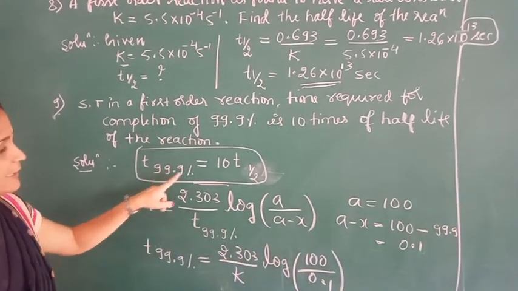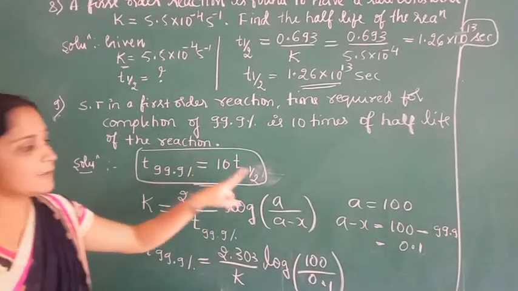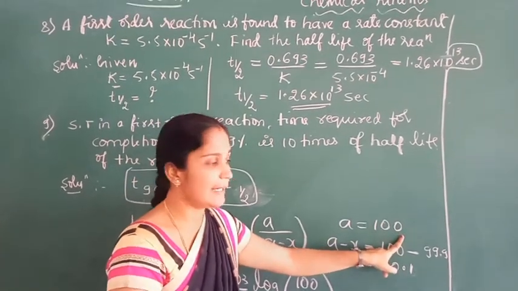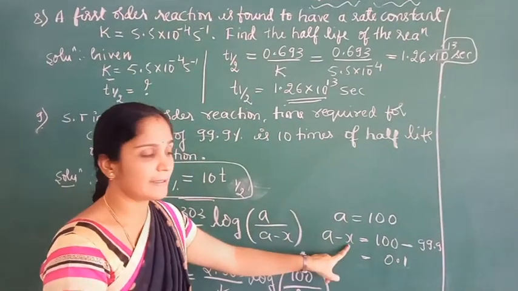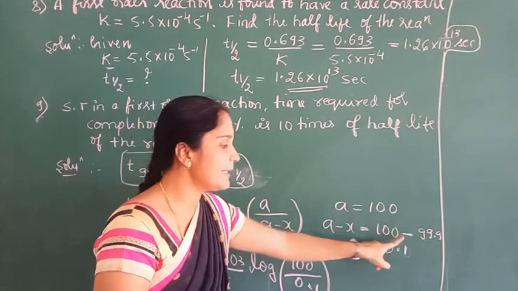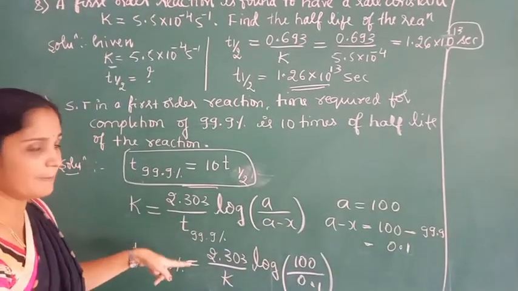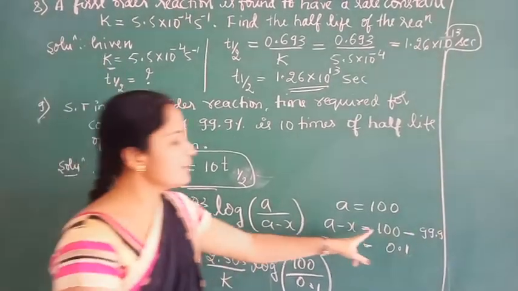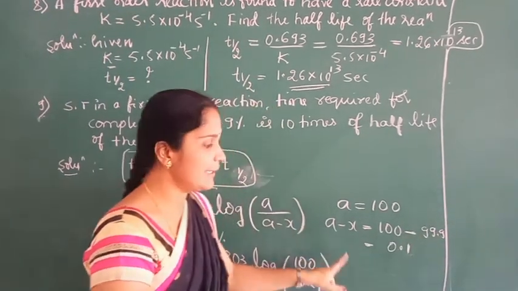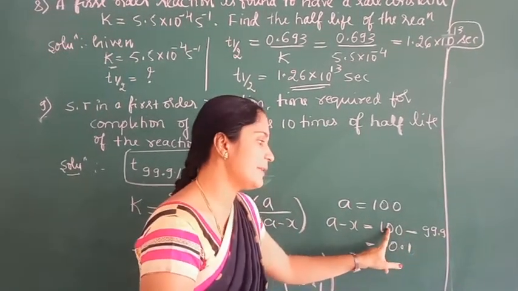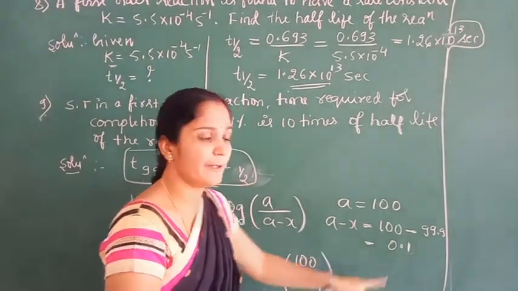Since they have given it in terms of percentage, the initial concentration is 100 and A minus X equals 100 minus 99.9, because 99.9% of the reaction is completed. So 100 minus 99.9 equals 0.1.